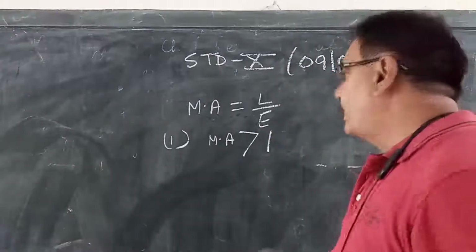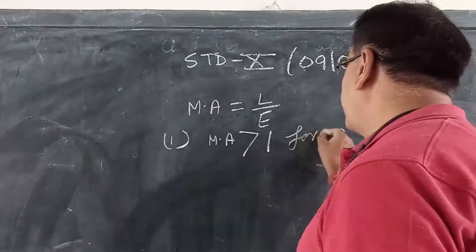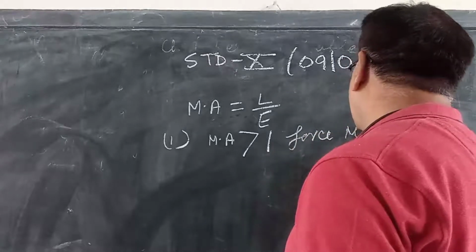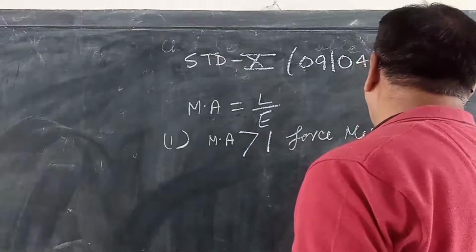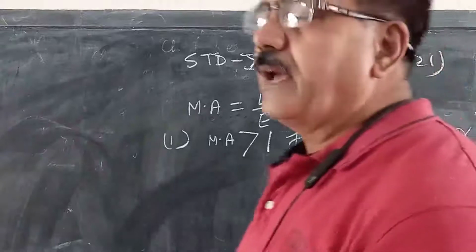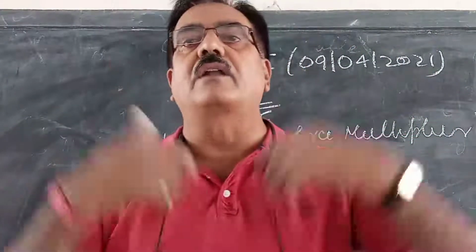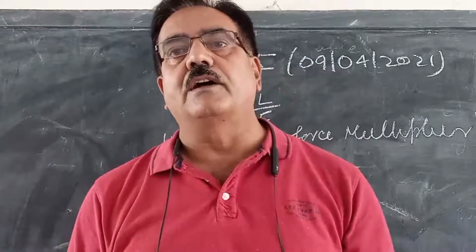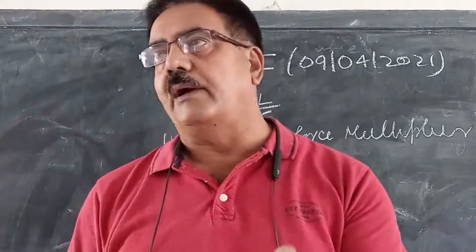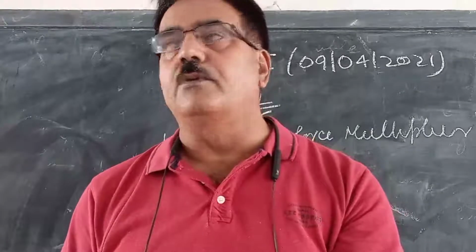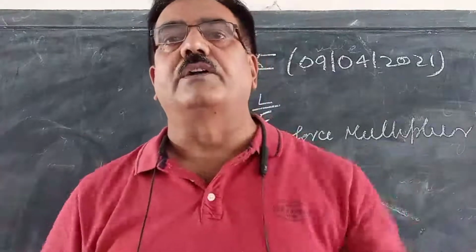When mechanical advantage is greater than 1, this is known as a force multiplier. Force multiplier means applying less force to overcome a large resistive force. This is the advantage given by the machine. We are applying less force and overcoming the large resistive force.